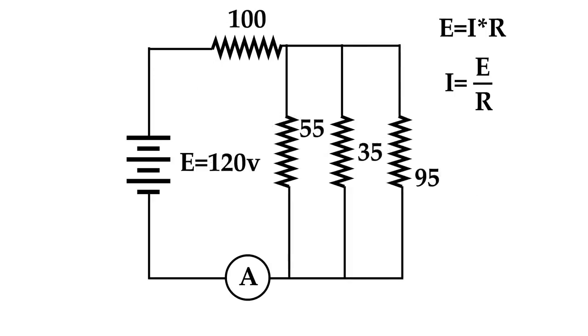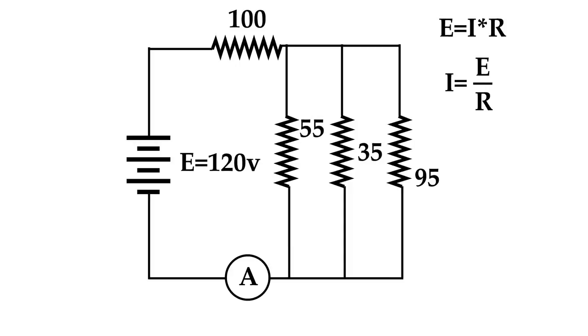Here's the most complex circuit so far. We have 120 volts. We don't know what the current is, but we do have a 100 ohm resistor in series with 3 resistors in parallel.